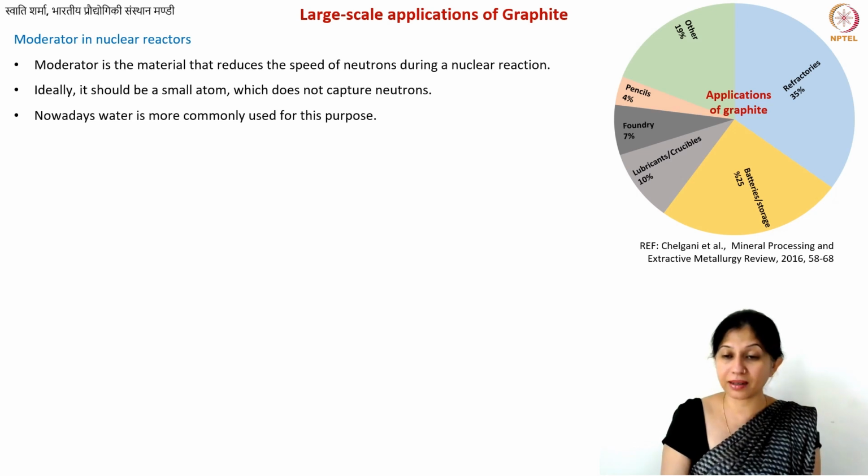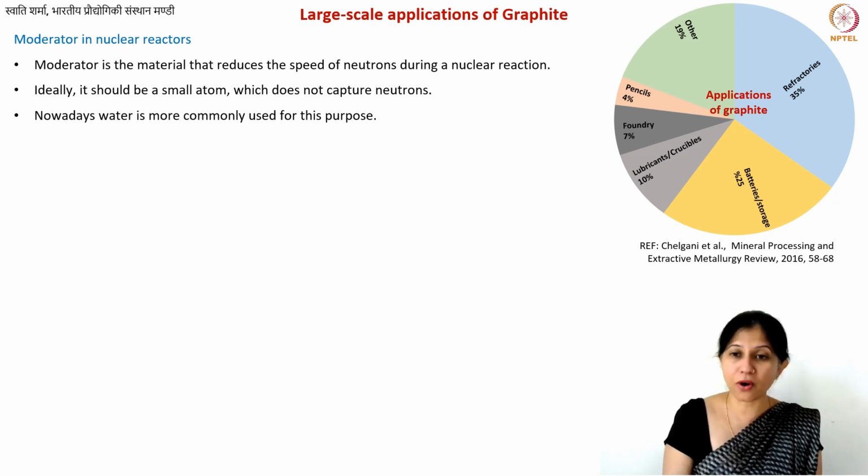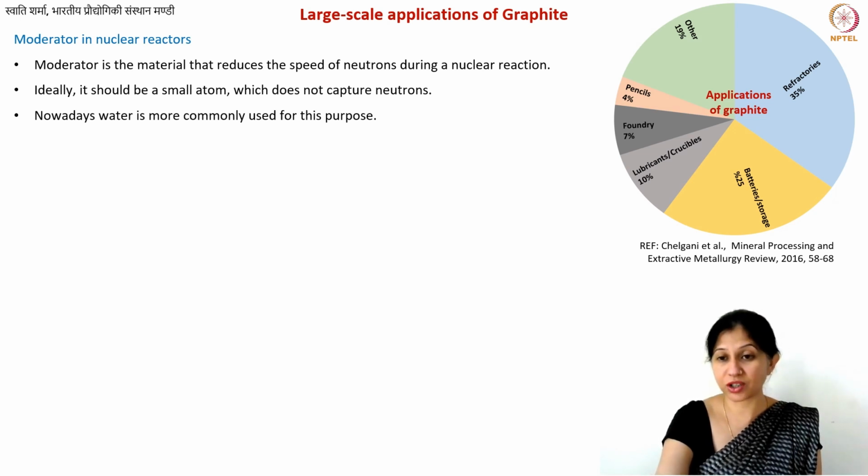Since then, graphite or carbons are typically not used for nuclear reactors. However, you'll still find some reactors. The more common material nowadays is water, also because water is so much cheaper. The efficiency of water is not that great, but since it's practically free, water is used very much nowadays.